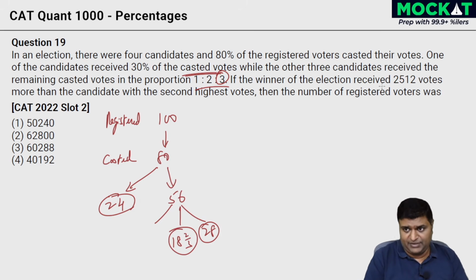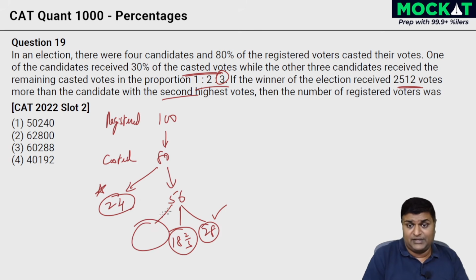If the winner of the election received 2512 votes more than the candidate who won the second highest. Now, the winner is going to be this person. The second highest is the person with 24% of the total votes, right? This 24, 56, all of these are as a percentage of the total votes. If the total was 100, 80 cast their votes, 24 for one person.